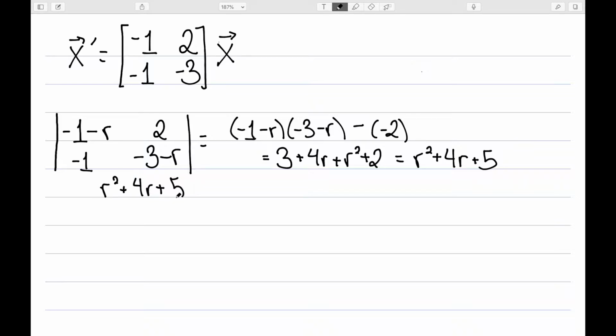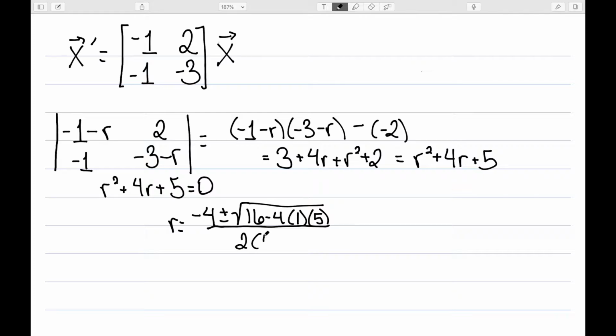You can try to factor, but this in fact will not factor. So instead, we're going to use the quadratic formula. We have -b plus or minus the square root of b squared minus 4 times a times c all over 2 times a.